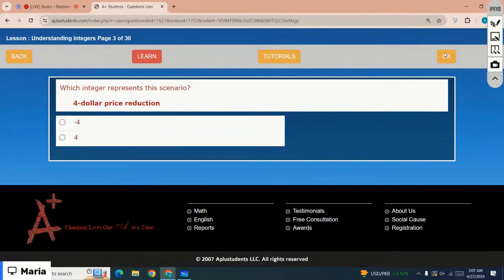Which integer represents the scenario? $4 price reduction. That is a reduction. Reductions are represented by the negative numbers.